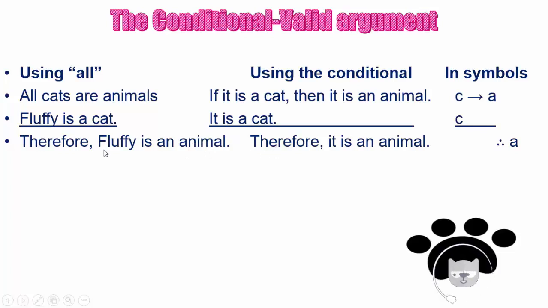That's the original way we had it when we were using the Euler diagram. Now we're just going to write it in the conditional language: therefore, it is an animal. And here in symbols, we have the three dots, therefore A.